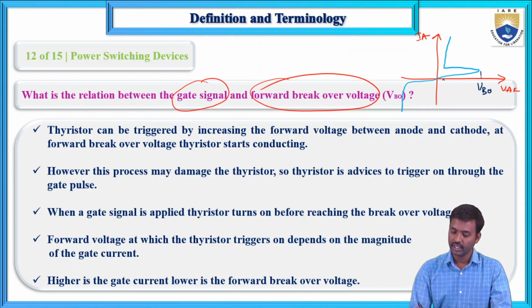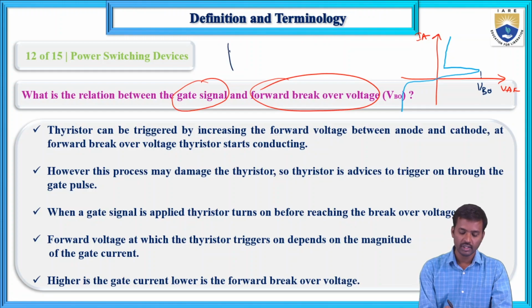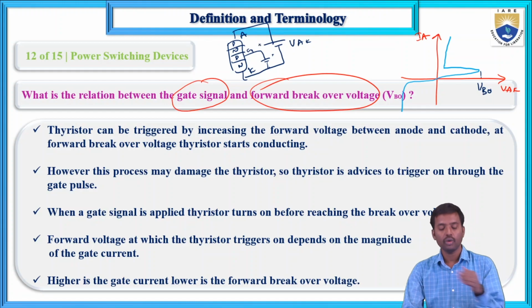This is the gate signal. Here is the thyristor PN structure, VAK the supply voltage between anode and cathode, and this is the gate supply IG.